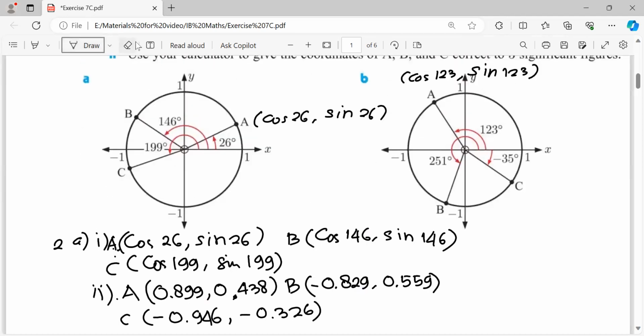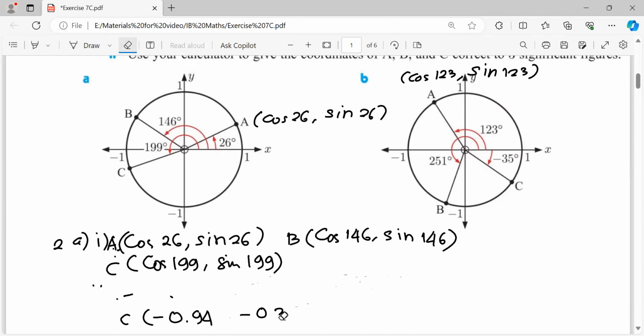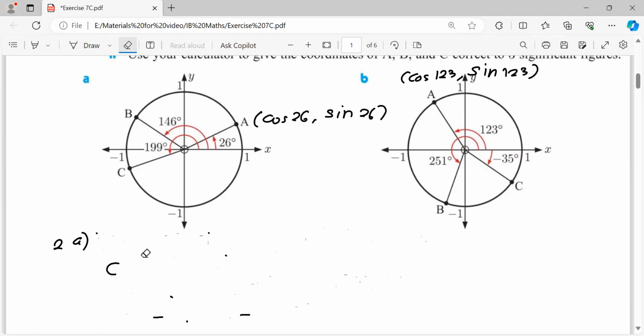I have to clean first. Okay, A is done. Now to B. A is cosine 123, comma, sine 123.